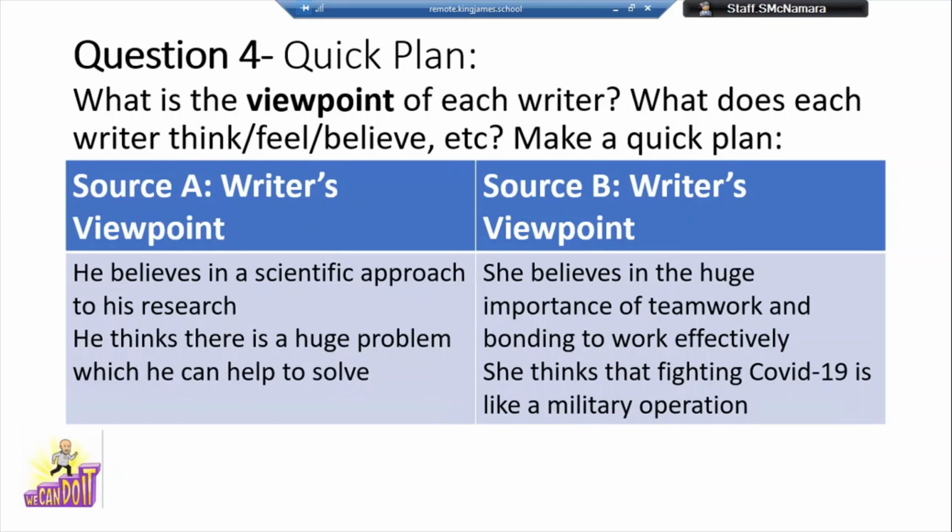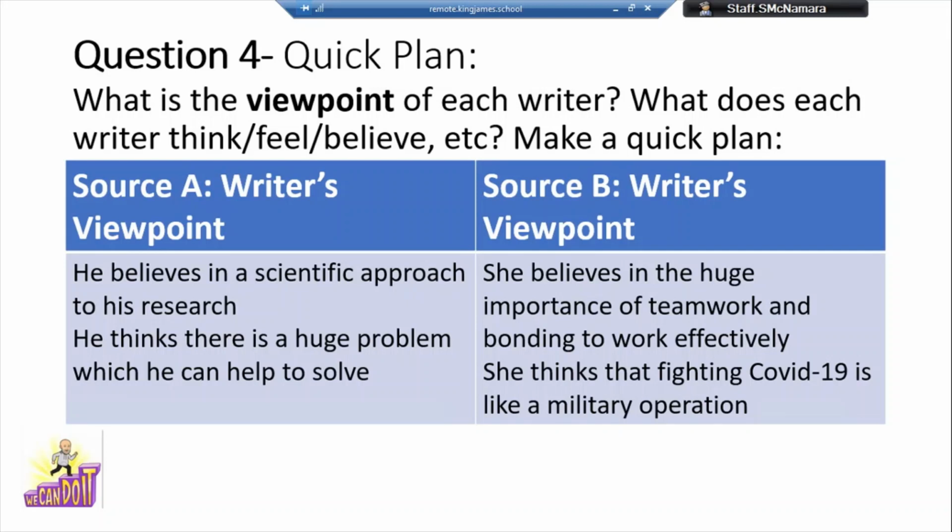The writer's viewpoint in source B is that it's a challenge as well, so there is a link there with source A, but here she's in the middle of fighting, literally fighting it, whereas the writer of source A is very much about finding what's caused the problem so it doesn't happen again, rather than actually fighting the illness. Whereas in source B, it's working as a team, so they can work effectively to treat patients.